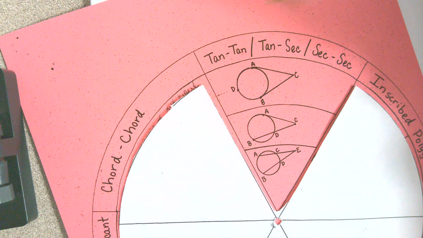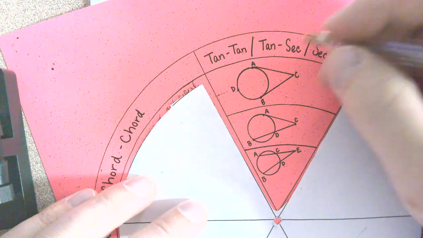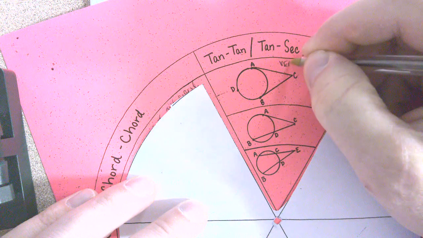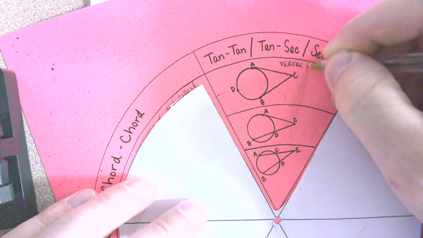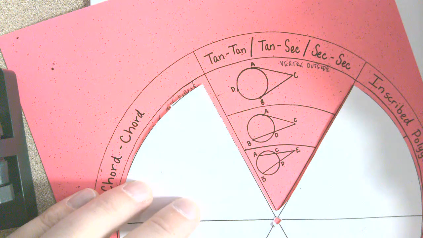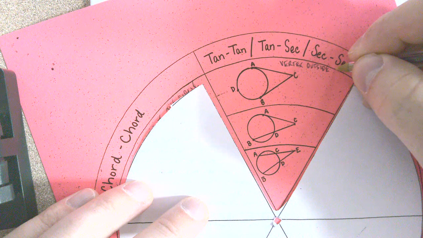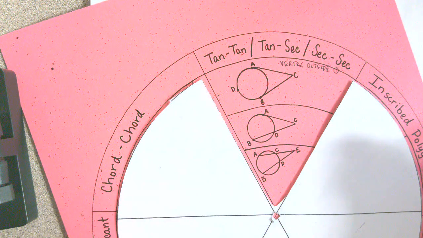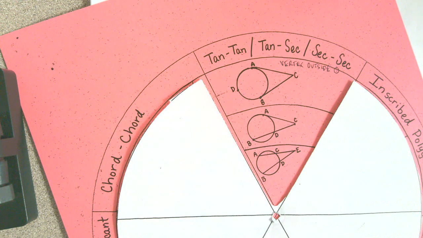So with the tangent, tangent, tangent secant, and secant, secant, probably somewhere at the top you're going to want to write vertex outside the circle. Now, just like with the last one we did, there are going to be 2 intercepted arcs here.